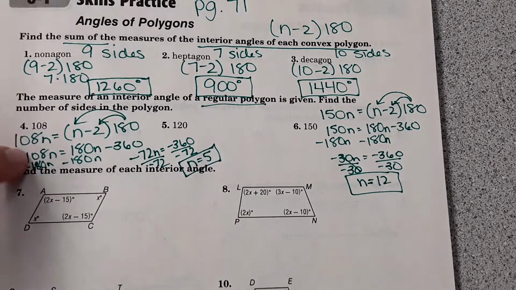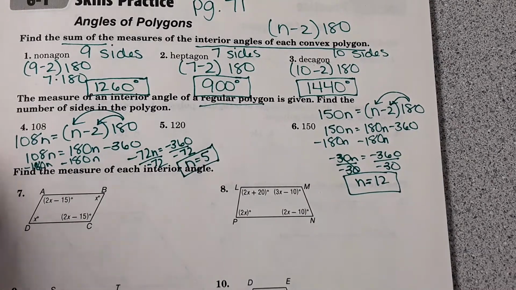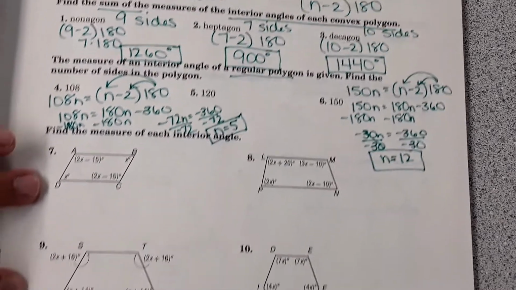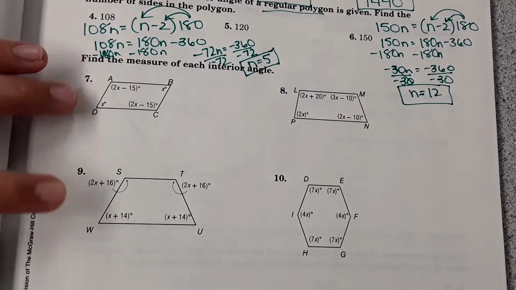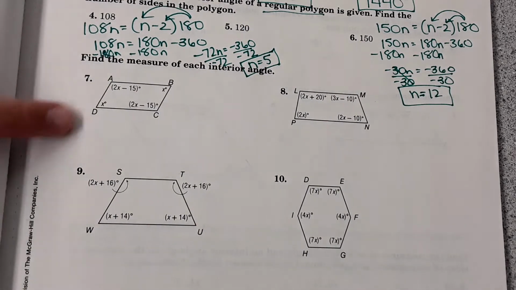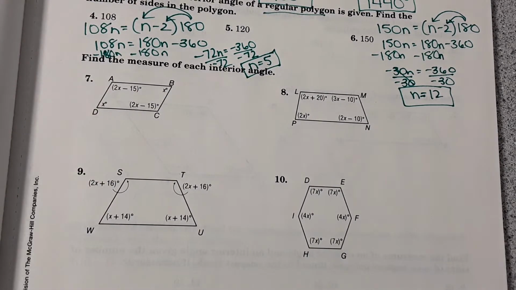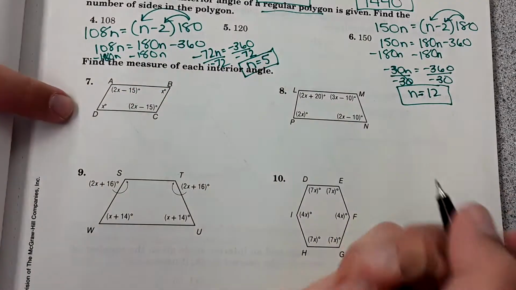In my opinion, those are the hardest of the problems. Now it says find the measure of each interior angle of these shapes. We're not going to do all 4, we'll only do 2 of them. Number 7, it has expressions for each angle, but the only thing we know for sure is the sum of those angles.